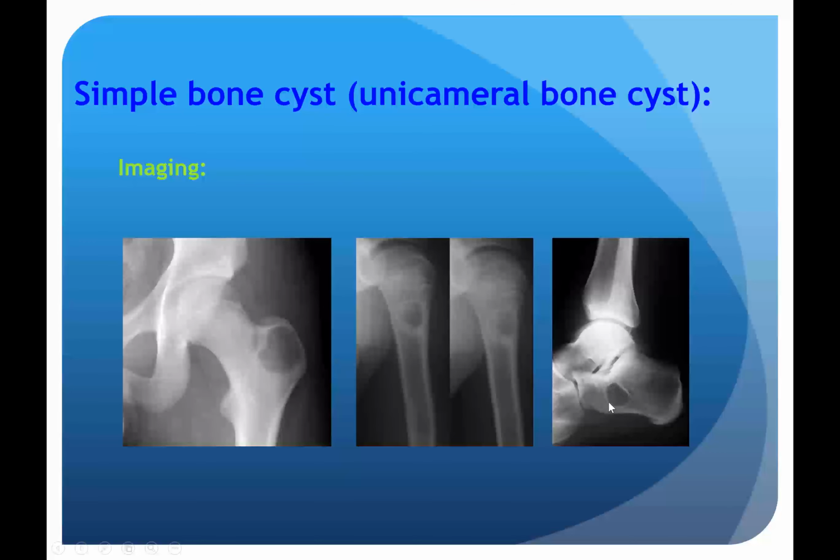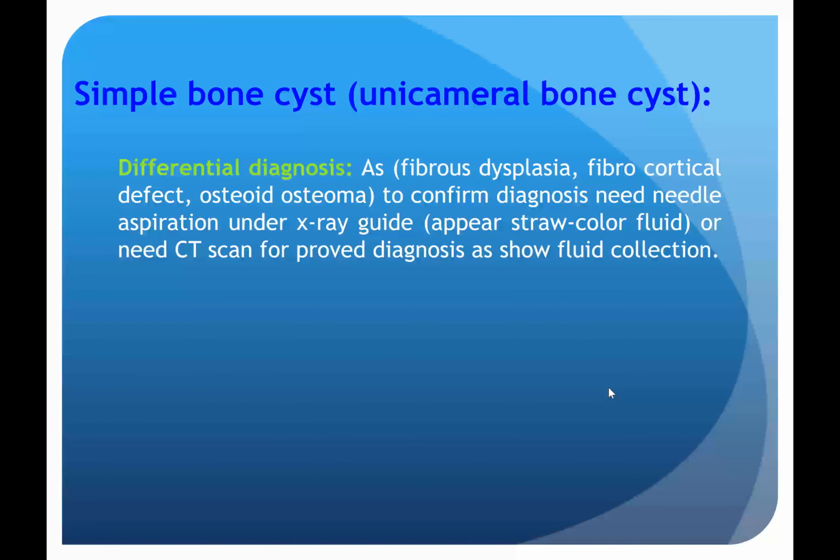This is a clear, well demarcated osteolytic lesion. Differential diagnosis includes fibrous dysplasia, fibrocortical defect, osteoid osteoma. Diagnosis is confirmed by needle aspiration under X-ray guidance or by CT scan.